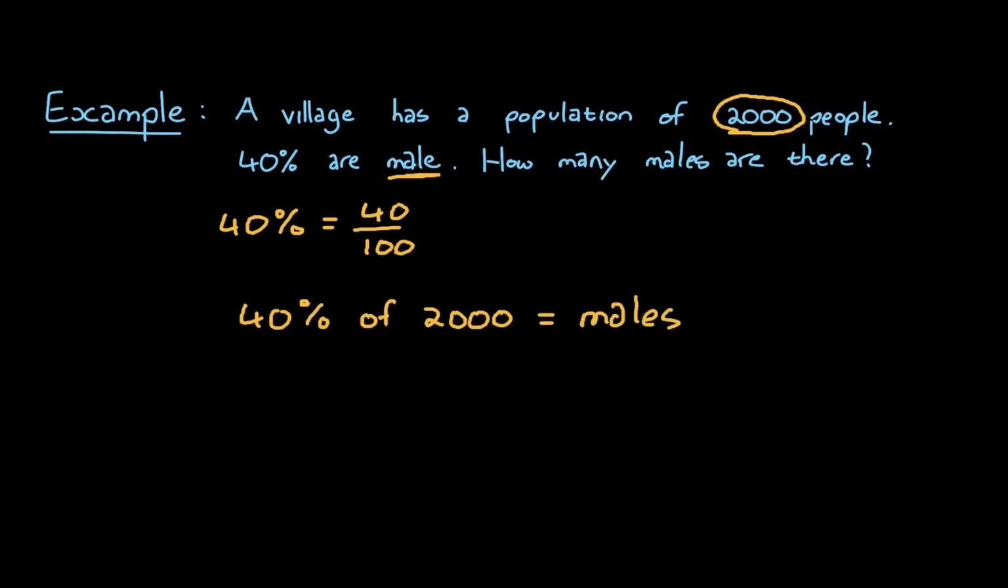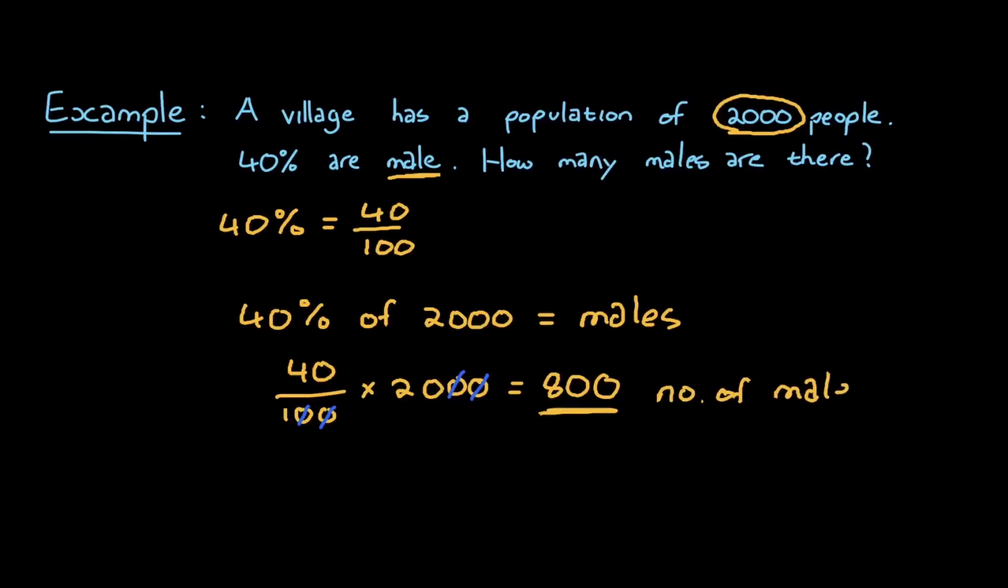This can be rewritten as 40 over 100 times 2,000. Let's cancel the zeros out and you're left with 40 times 20, which is 800. And that is the number of males in that village.